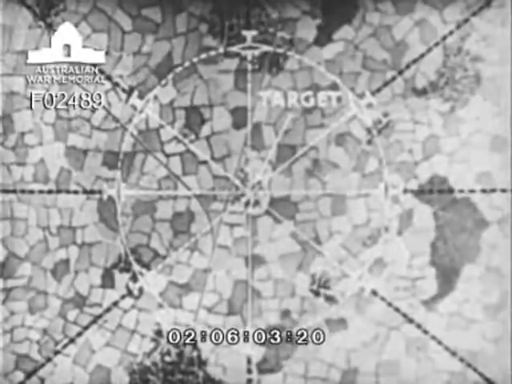Actually, the target is at the center of the circle only when there is no wind. When a wind is blowing, that is, when the whole mass of air in which the aeroplane is flying is moving over the surface of the earth, the center of the circle is at an imaginary point upwind of the target.